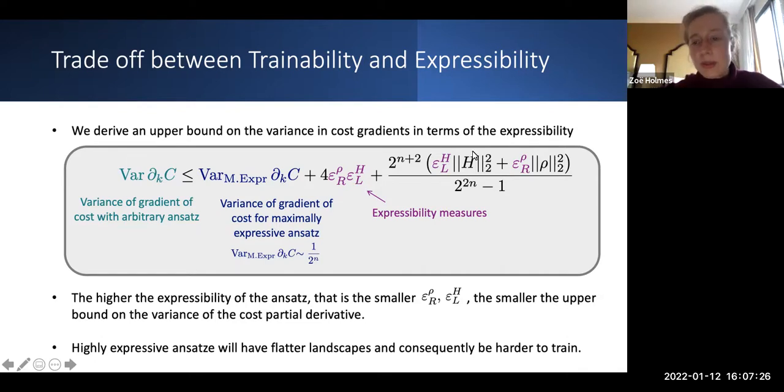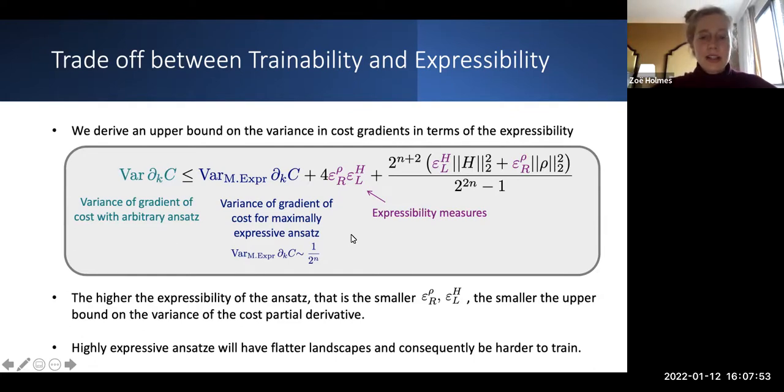Now, the precise form of these terms doesn't matter too much, but the core thing to notice is that these are expressibility dependent, such that the higher the expressibility of your ansatz, so that is the smaller epsilon rho and epsilon h, the smaller the upper bound on the variance in the cost partial derivative is. So that is the smaller the variance in the partial derivative is going to have to be.